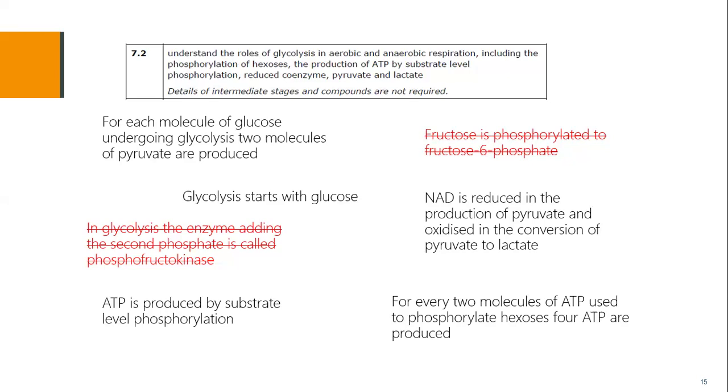These are not part of the biochemical detail that is in the specification. So candidates are not required to know this. Phosphofructokinase is an enzyme that is not named in the specification, so candidates do not need to know this.